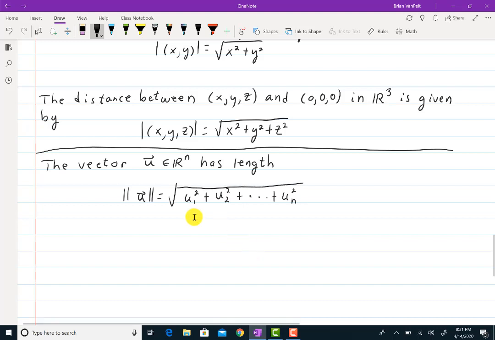If you remember, one way to get a vector in Rn is to take the point that would be the end of the vector and subtract from it the origin. Anyways, the distance of the very tip of that vector from the origin is identical to this computation.